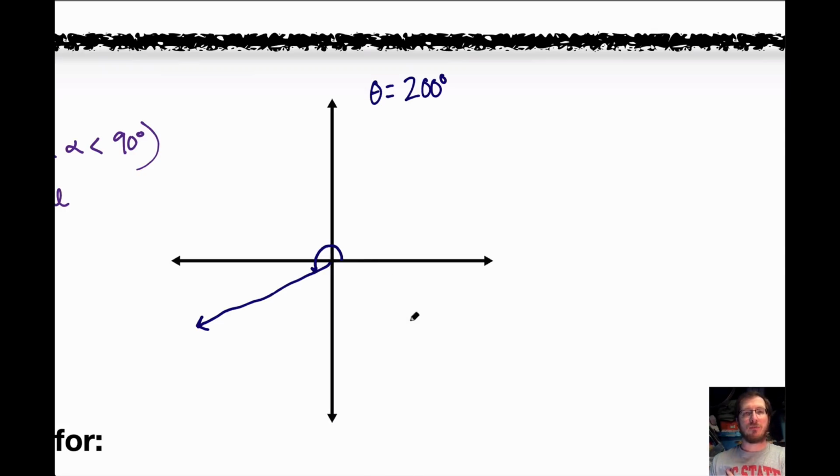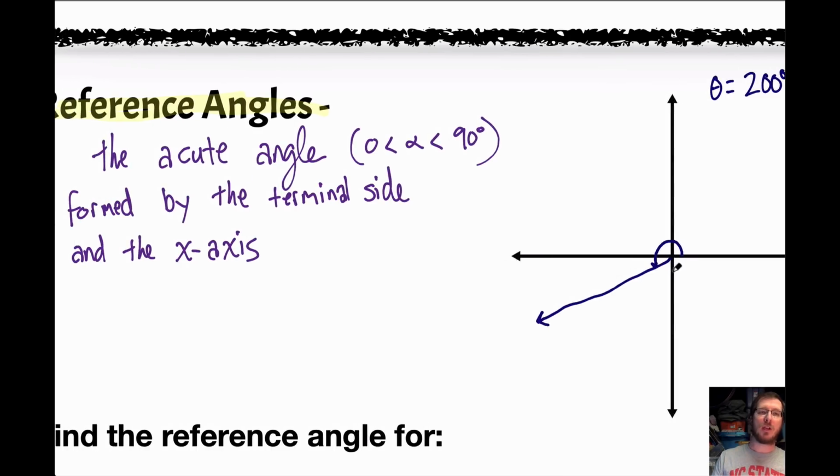If we want to find our reference angle, then according to our definition, we're looking for the acute angle formed by the terminal side, here's our terminal side, and the x-axis. So we're looking for this angle in here, the measure of that angle.